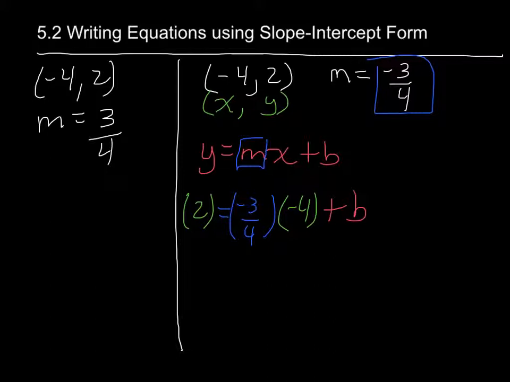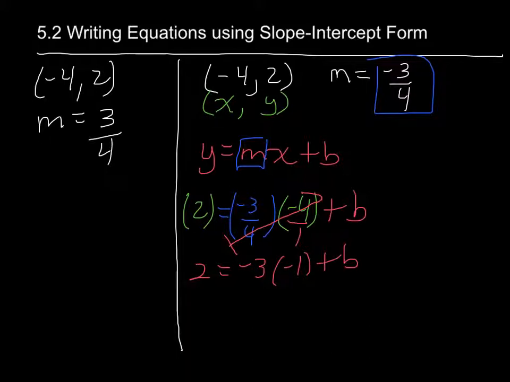And so I'm going to multiply negative 3/4 times negative 4. Please do not multiply negative 3 times 4. Instead, if you need to do that, that's fine. We want to try and simplify first. That right there creates a 1. So those simplify out, and I now have 2 equals negative 3 times negative 1 plus b.